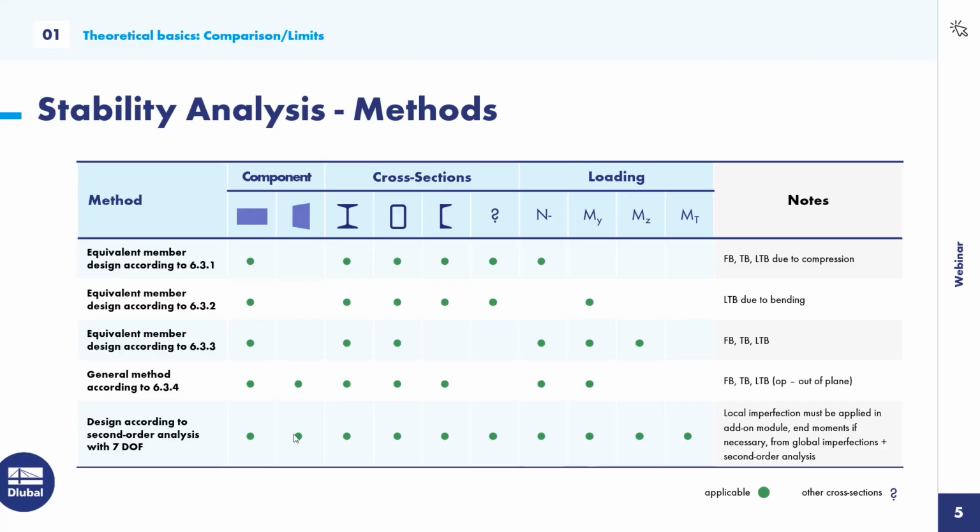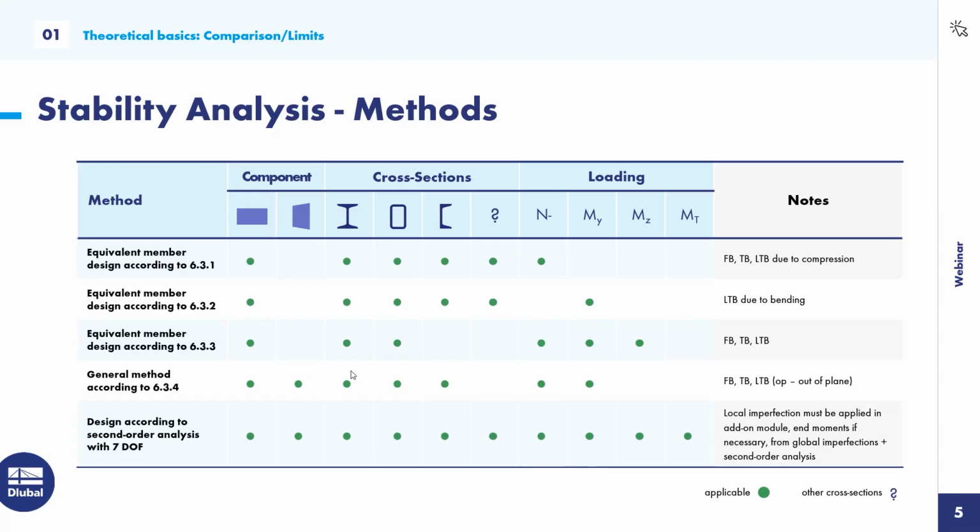Uniform and non-uniform members, all cross-sections, all internal forces, but imperfections must be applied and the second order analysis must be done, and the 7th degree of freedom must be considered. That means that we have to activate the warping torsion analysis. We will do that later in an example.